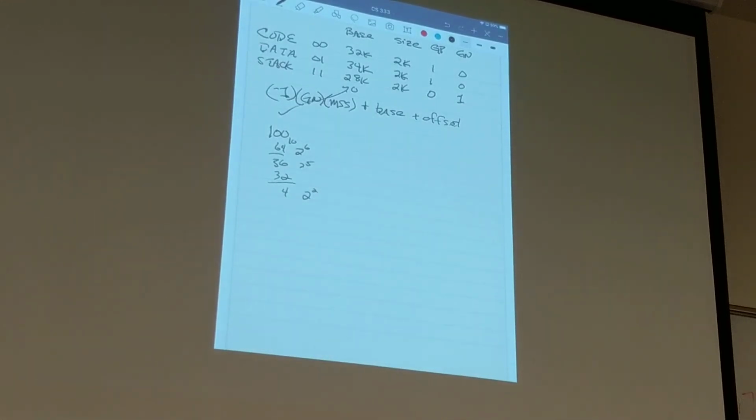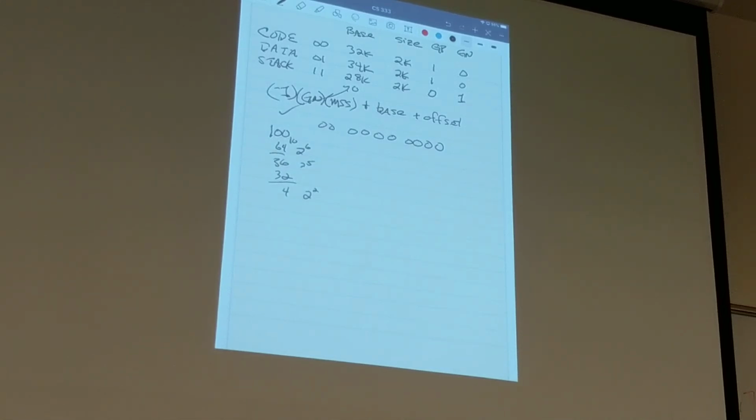Okay. So we have a 14-bit address space. 0, 1, 2, 3, 4, 5, 6, 7, 8, 9, 10, 11, 12, 13. So we have bits 0 through 13. Okay?